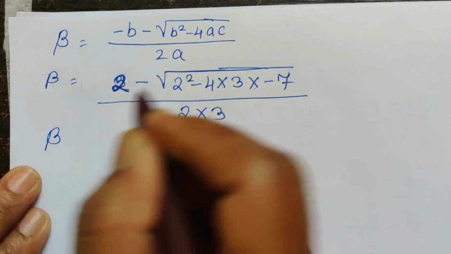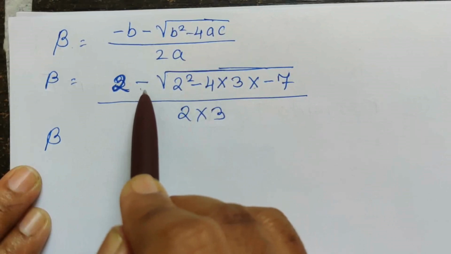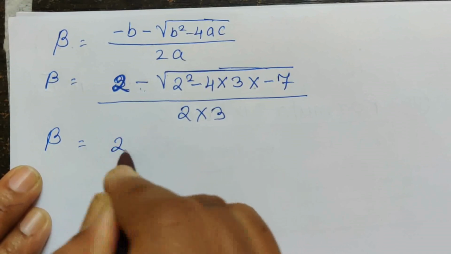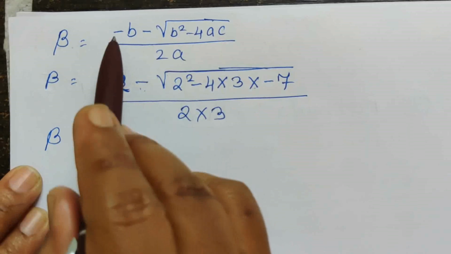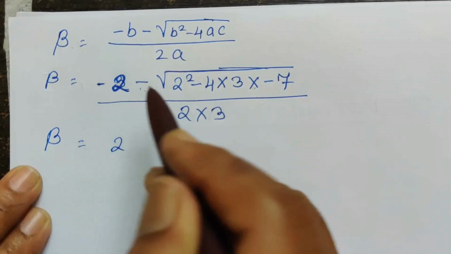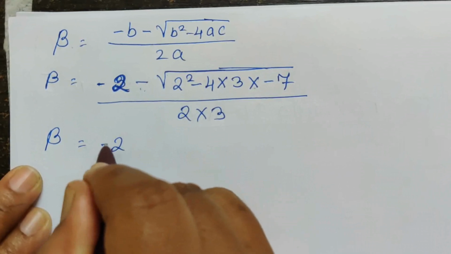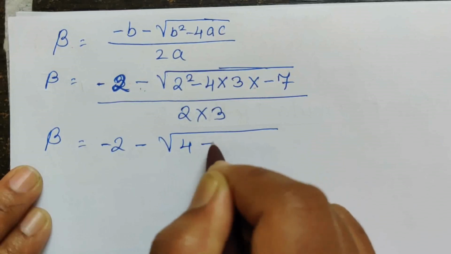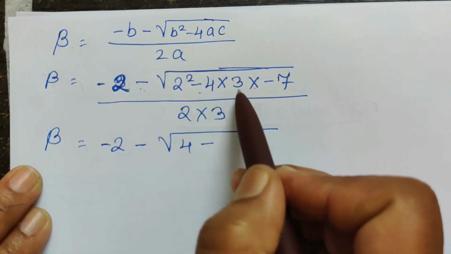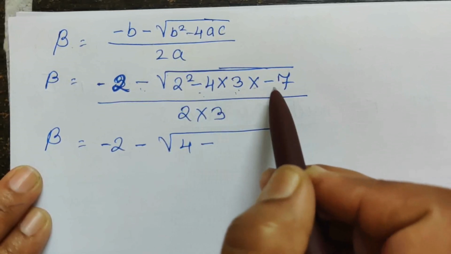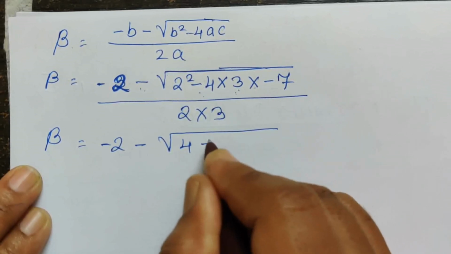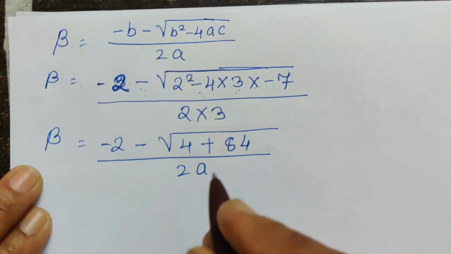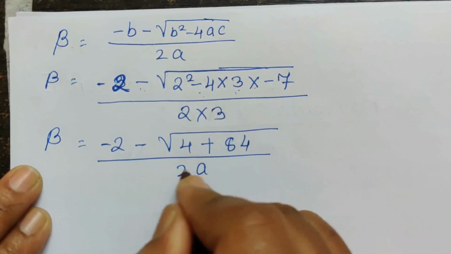Same calculation, only the difference is of this minus sign. Minus 2 minus 2 square is 4 minus, here minus 4 multiplied by 3, minus 12, minus 12 minus 7, is equal to plus 84, upon 2a. Sorry, 2 multiplied by 3, that means it is 6.